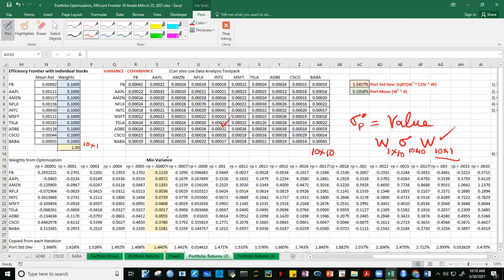Ang problema natin, asan yung 1 by 10 natin? Kailangan pa ba natin maglatag ng isang matrix na 1 by 10? Hindi na. I-transpose na lang natin to. Right? Pag transpose natin yan, magiging 1 by 10 yan.